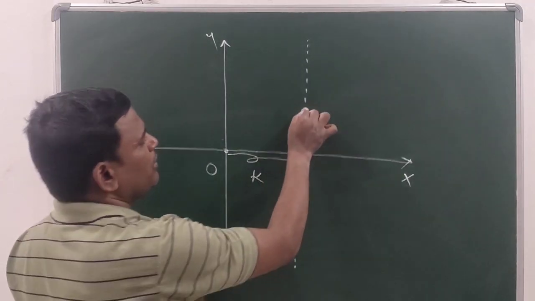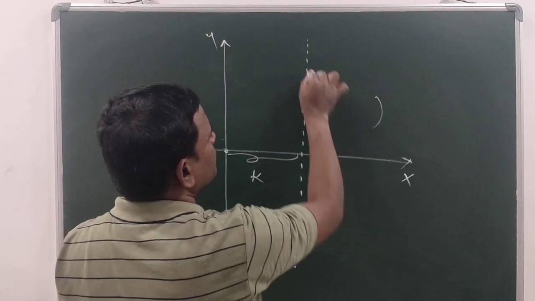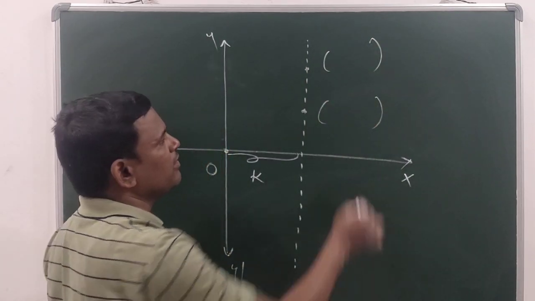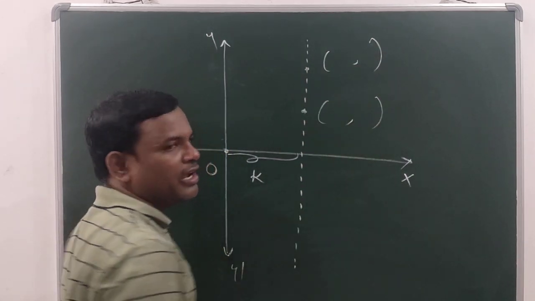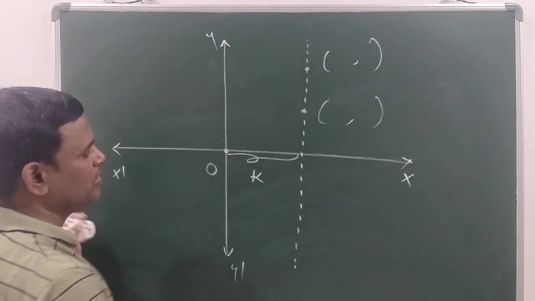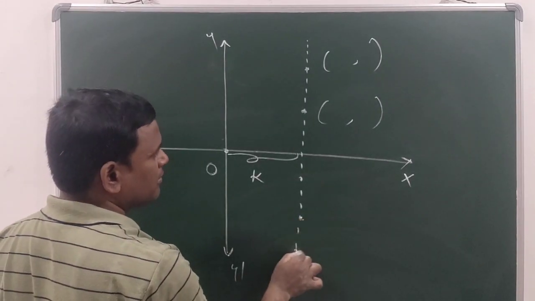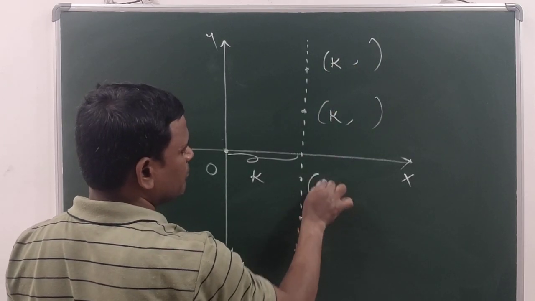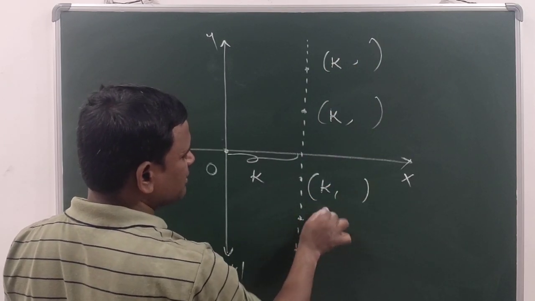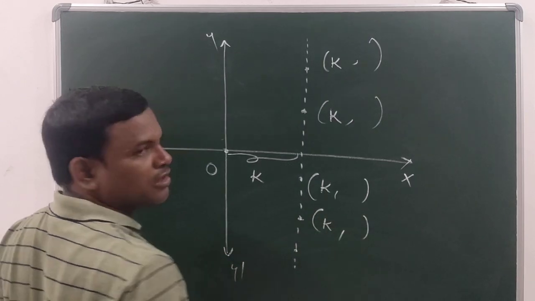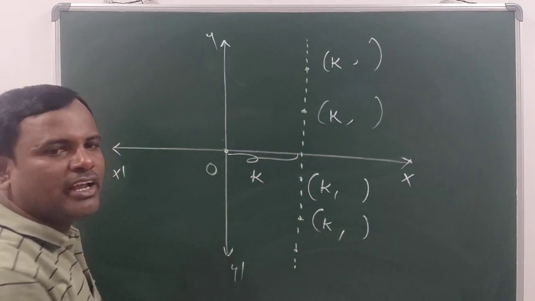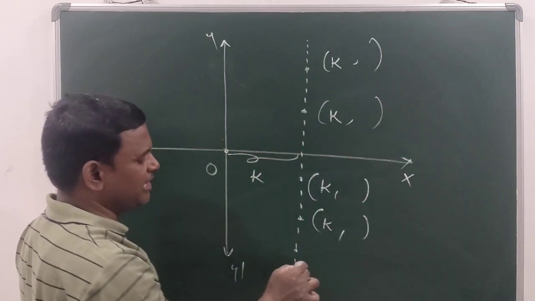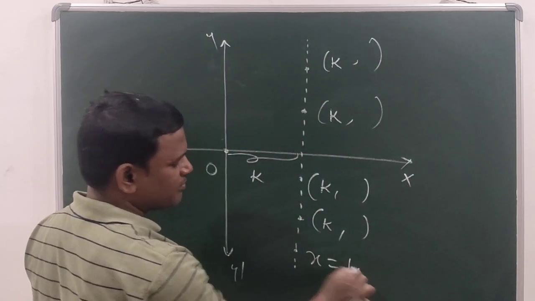You know, if any line is vertical, then all its points have the same x coordinate. If you take any point, its x coordinate will be the same, and you will get a difference only in the y coordinates. So on the vertical line, the x coordinate of every point is the same, hence the equation of this line is x equal to k.